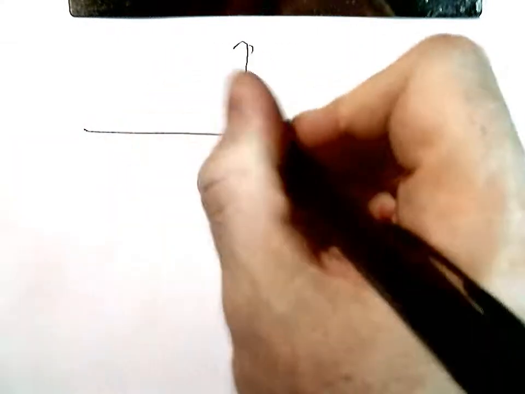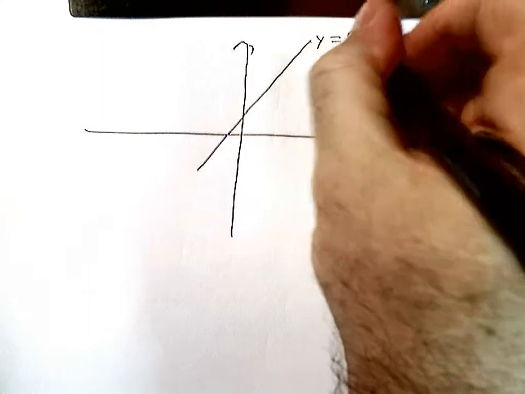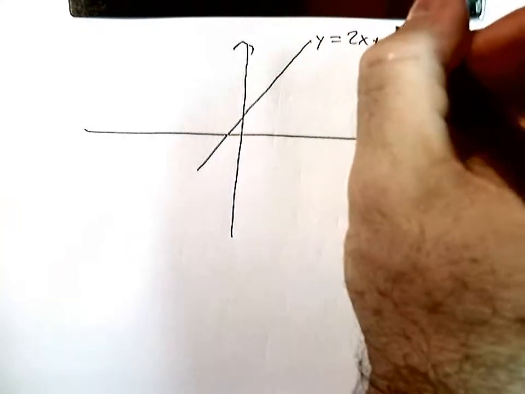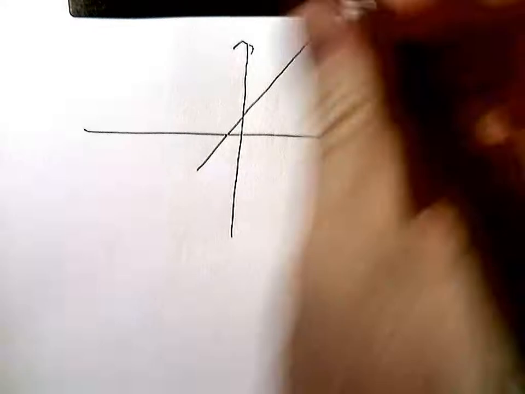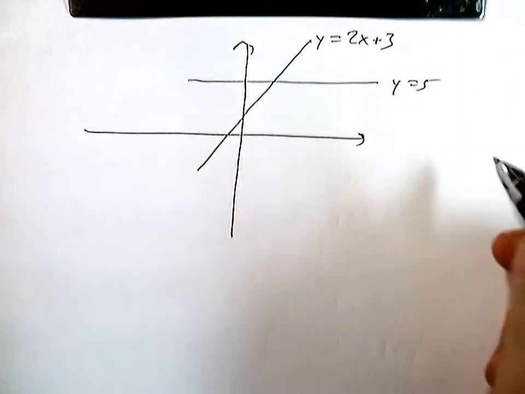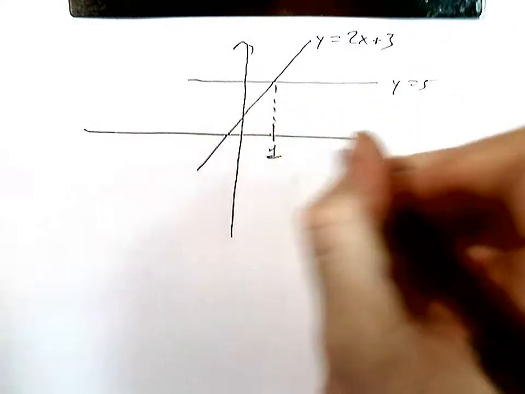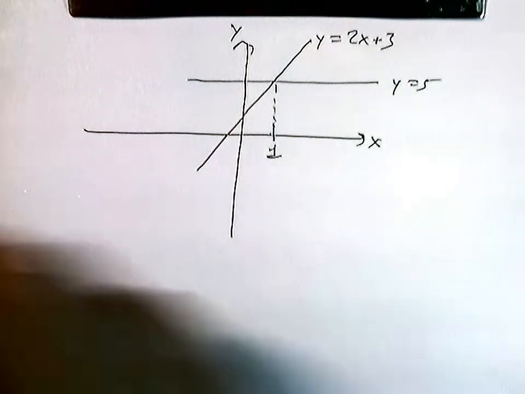Graphically, we can think about what's going on here if we graph our function. So we want to draw a little picture here, but here's maybe the line y equals 2x plus 3, and here might be the line y equals 5, and down here we have x is 1. So here's my x-axis, my y-axis, and our function is assigned.